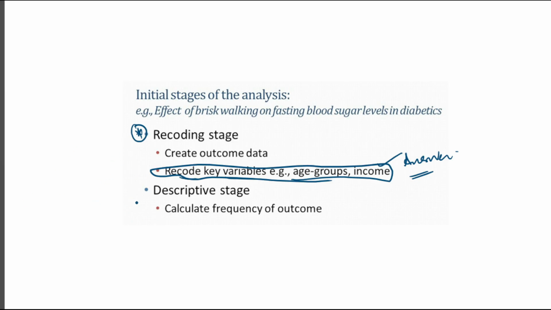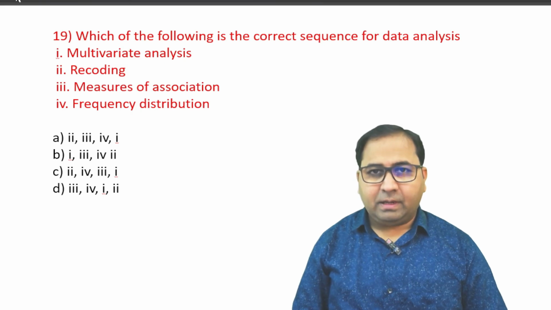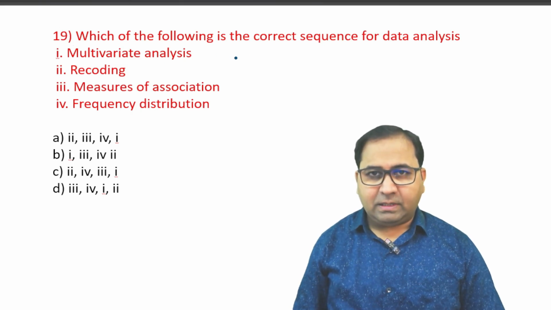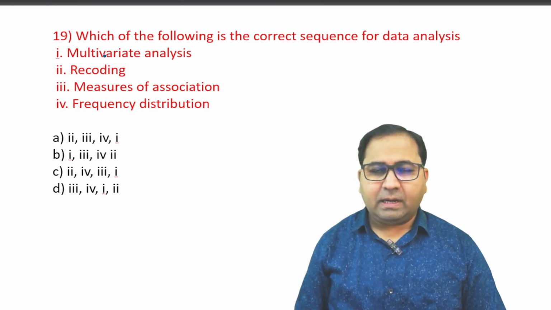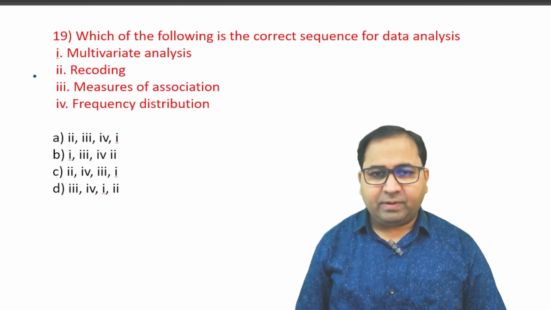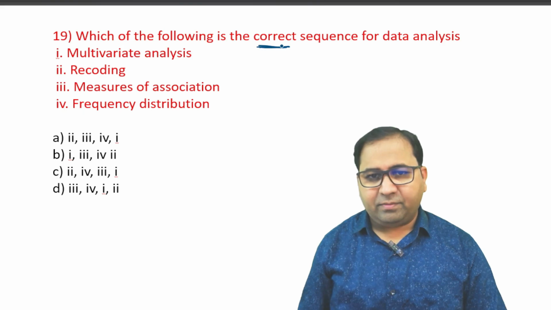Now let us quickly go to the next question. Which of the following is the correct sequence for the data analysis? Options are the different analyses: multivariate analysis, recoding, measures of association, and frequency distribution. So what is the correct sequence? You have to identify.